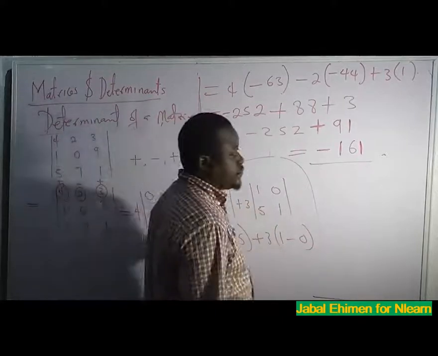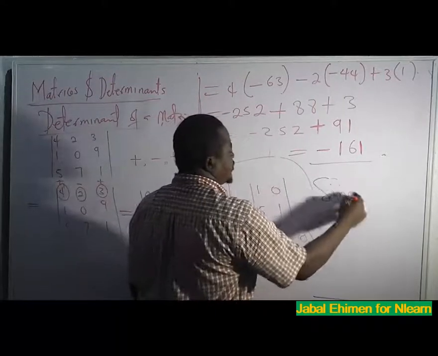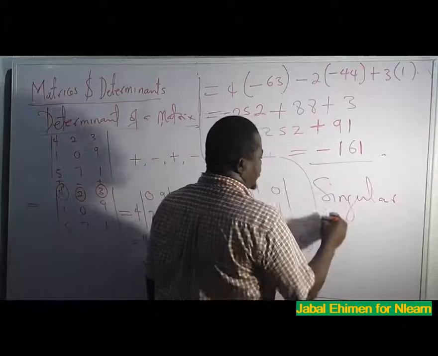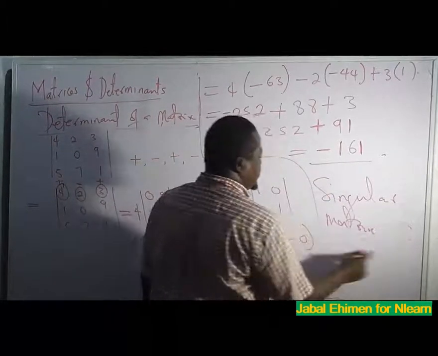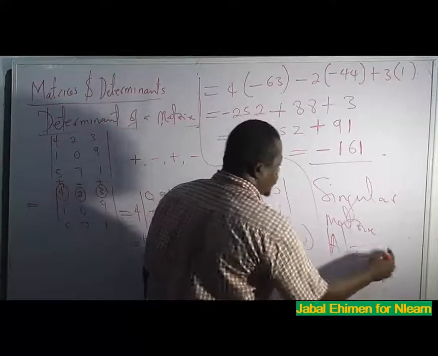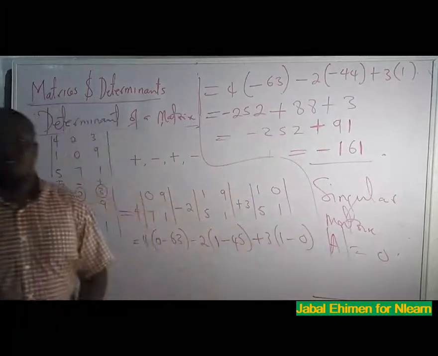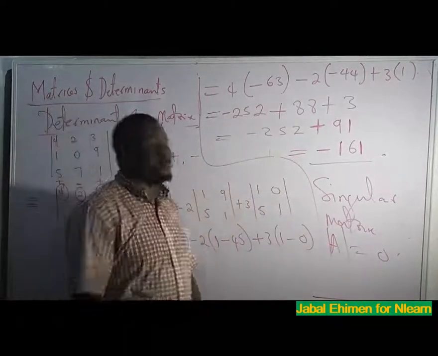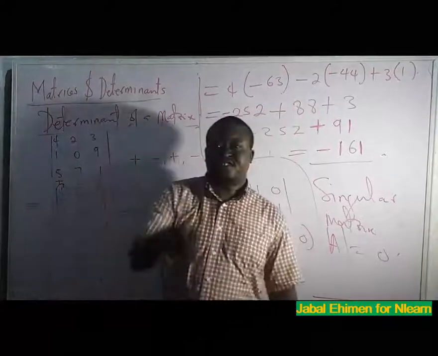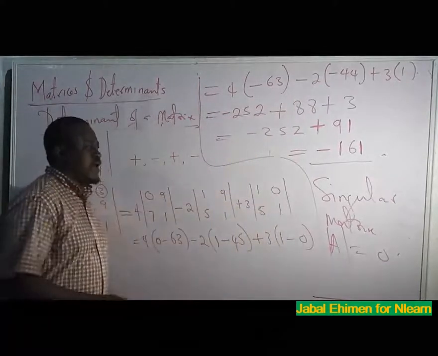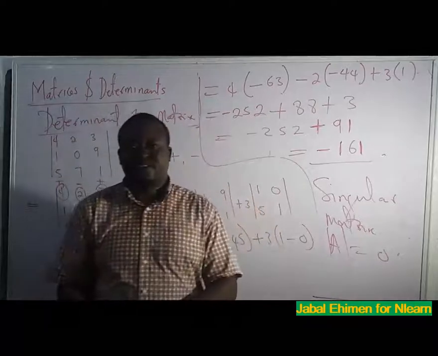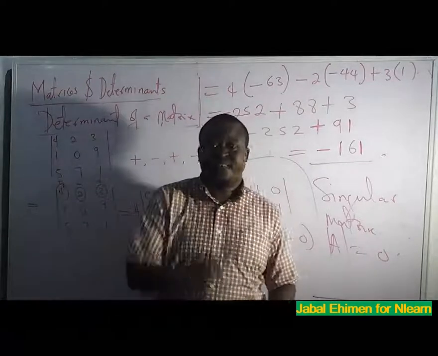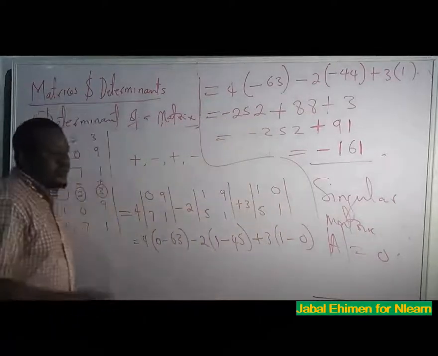It's called a singular matrix. So when the determinant of a matrix is equal to 0, then the matrix is said to be a singular matrix. So when you are asked to prove that the matrix is a singular matrix, always remember that when you solve that matrix, the determinant of the matrix is equal to 0. Then it shows that it is a singular matrix.